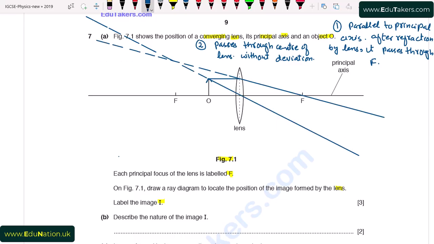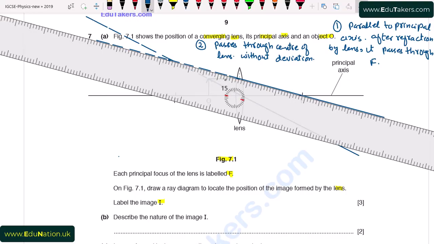We can see that at this point, both of these rays meet each other. So this point is the point of image formation. I draw the location of this image.